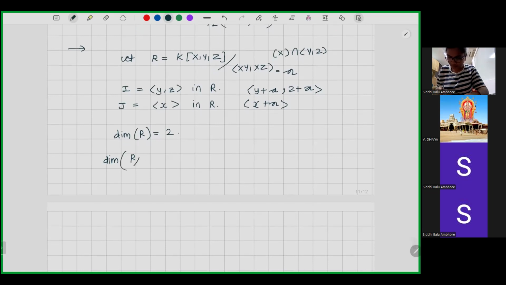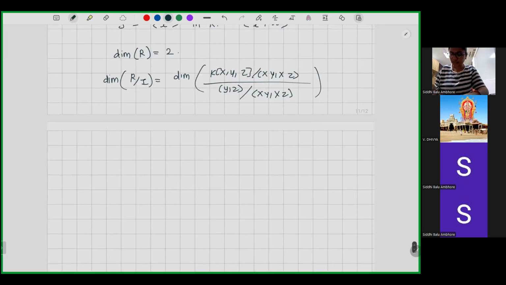And the dimension of R mod I is what? Dimension of K[X,Y,Z] quotiented by (XY, XZ), quotiented by the ideal generated by (Y, Z).